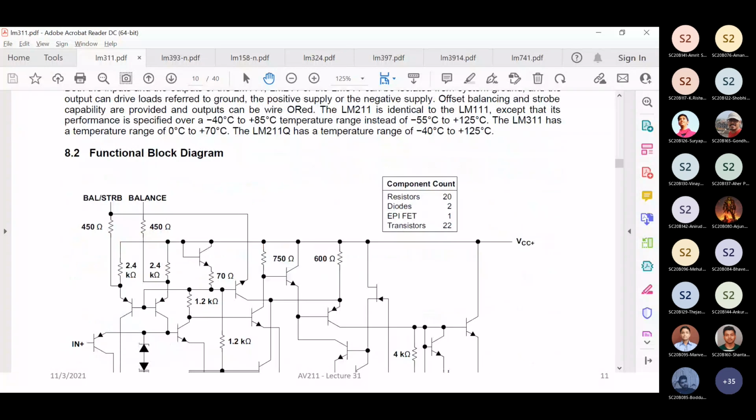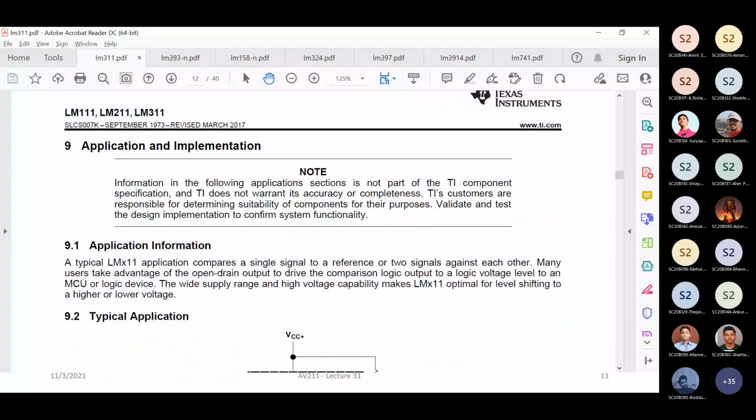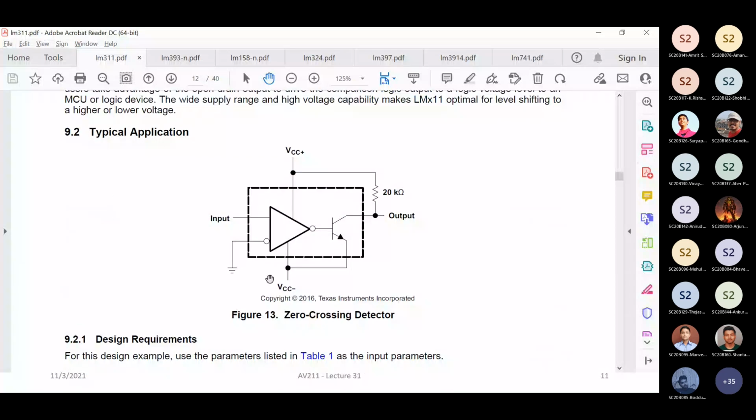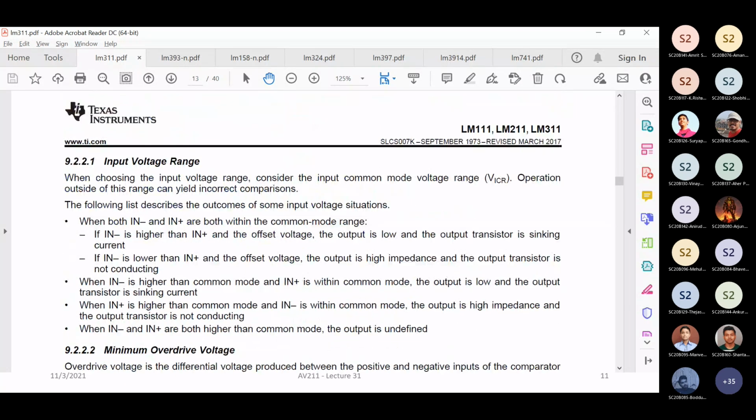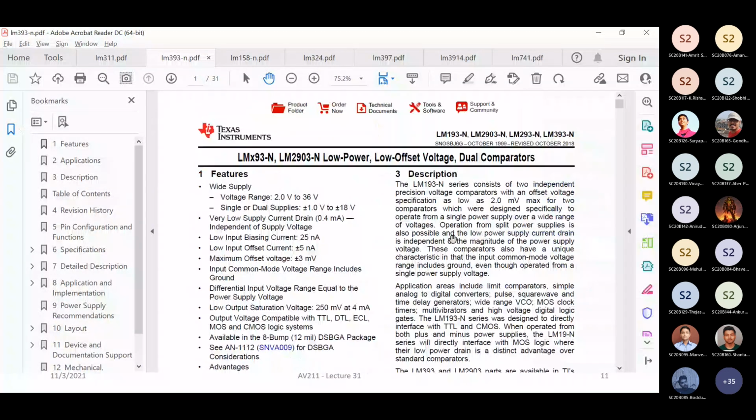I think they would have given this internal diagram. I think the application note is given like this. This is your typical one, a zero crossing detector, or you can also use other things. Now LM393 is another dual comparator.